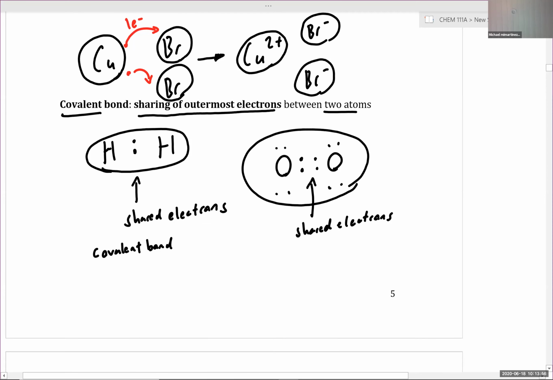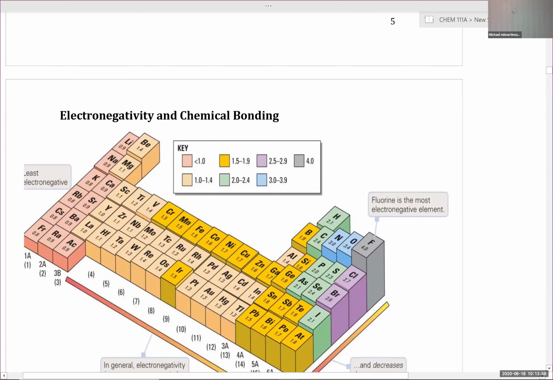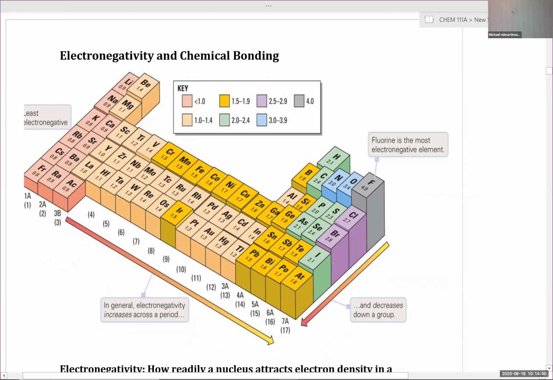So then let's talk a little bit about a tool that we have available to begin to predict the nature of a chemical bond. And it concerns this idea of electronegativity. So the following is the electronegativity scale. And one thing that we want to note really quickly is I like to draw an arrow going up and to the right.